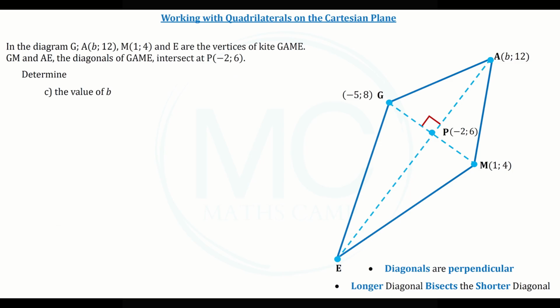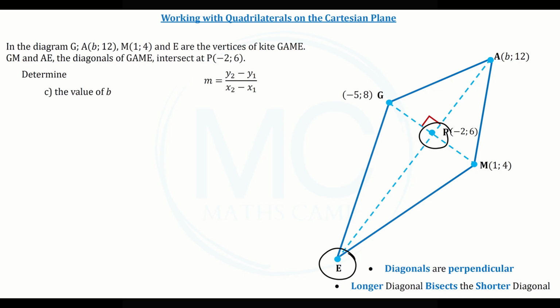B is the x-coordinate of point A. And because we already have the gradient of AE, we can use the gradient formula to find the value of B. Now, we don't have the coordinates of point E, but point P lies on line AE, which means that these points are collinear and therefore have the same gradient.